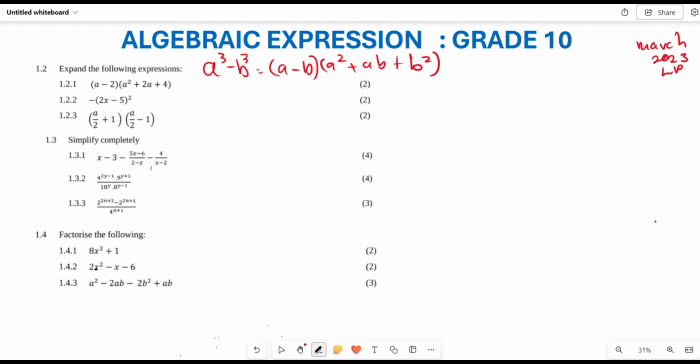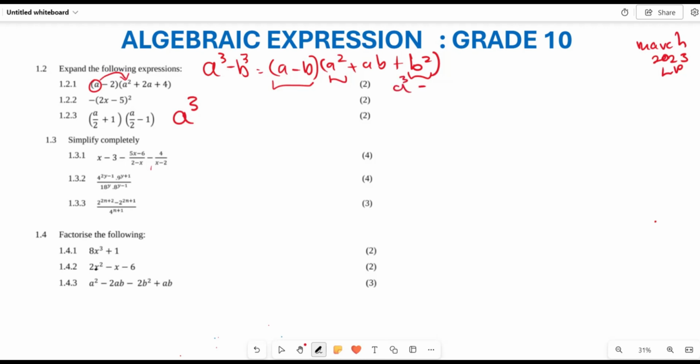And how do you identify whether this is a difference of two cubes, right? Firstly, you look at the first and also the last term. Can you see that this is the same as a multiplied by a squared, which means you are having a cubed? So this is meant to be a cubed.